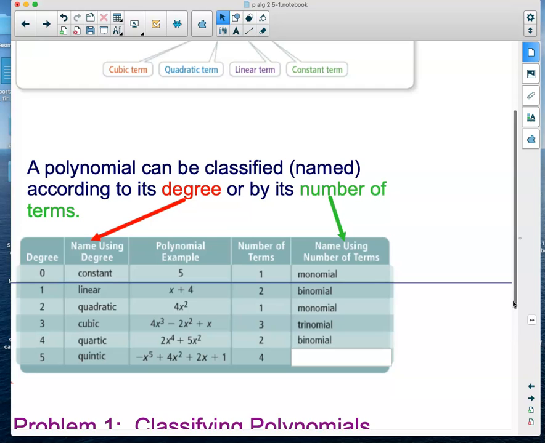But after you get so many terms, because polynomials can have an infinite amount of terms, we're just going to say it's a polynomial with 4 terms. So we have the special names for 1 term, monomial, special name for 2 terms, binomial, special name for 3 terms, trinomial, but after that we're just going to say it's a polynomial with 4 terms, it's a polynomial with 5 terms, and we'll use that.